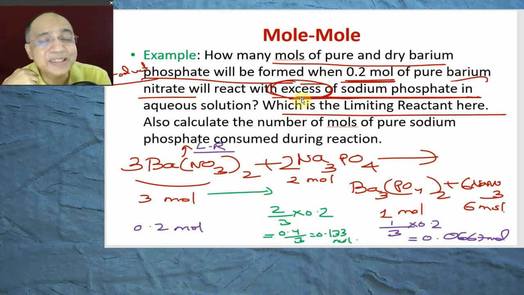The mass or amount of the excess reactant is not given unless it is a numerical based on the limiting reactant, where the amounts of both reactants are given.